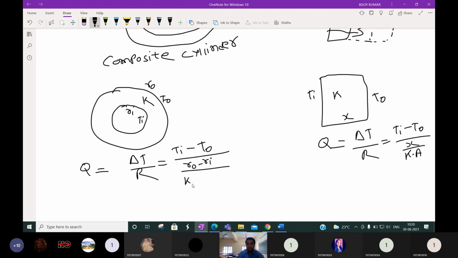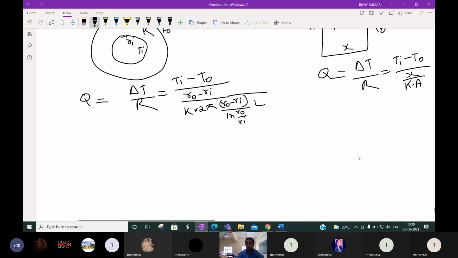In case of A, we put 2 pi r L, which means again Ro minus Ri by ln of Ro by Ri into L. Okay, these things we derived.